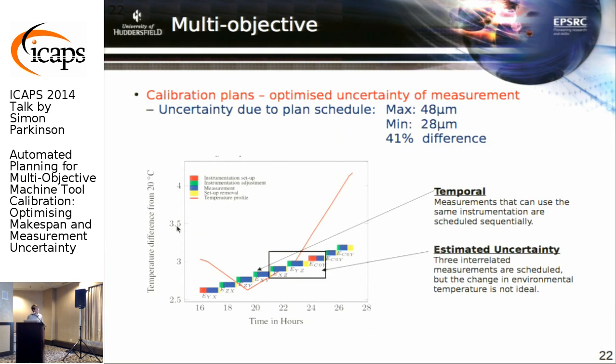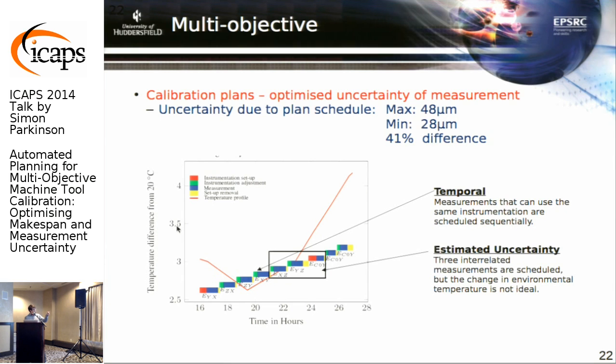So how about when we try to do both, a standard deviation of both metrics? We can see that we got an uncertainty of 28 microns, and we did the maximum just for a good difference there. Now you can see on this one it's quite interesting. Some measurements have been scheduled in the middle, which use the same instrumentation, so the instrumentation doesn't have to be removed and set up again, and that reduces the downtime.